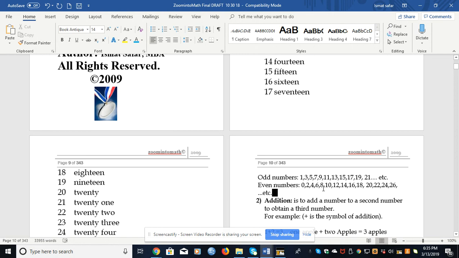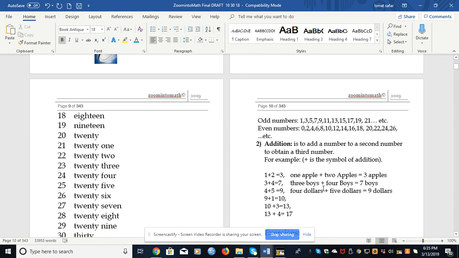Now let's go to addition. Before I go to the addition, the point of counting and having the whole numbers is to add.